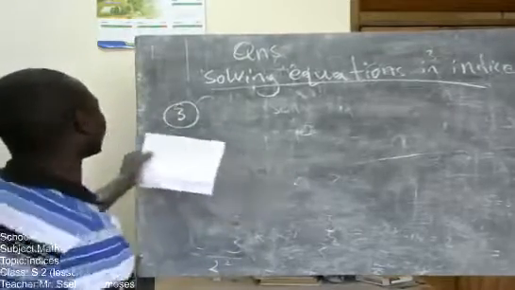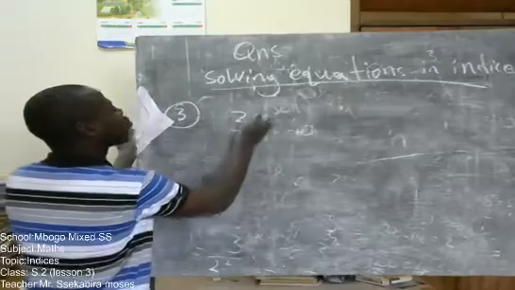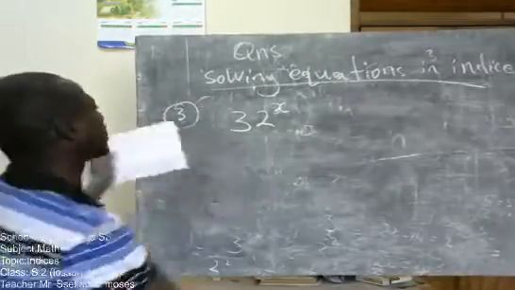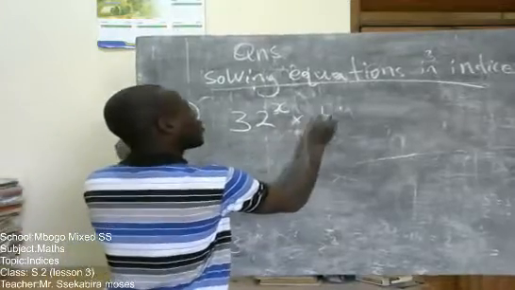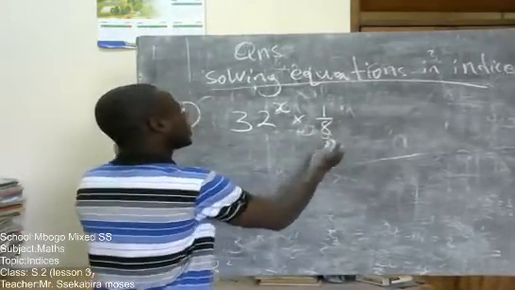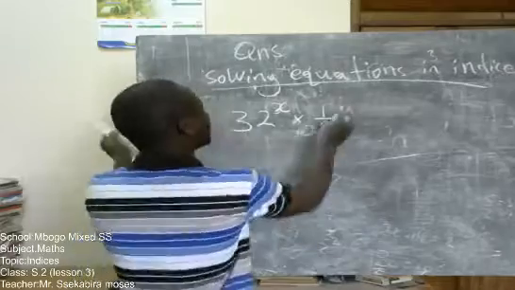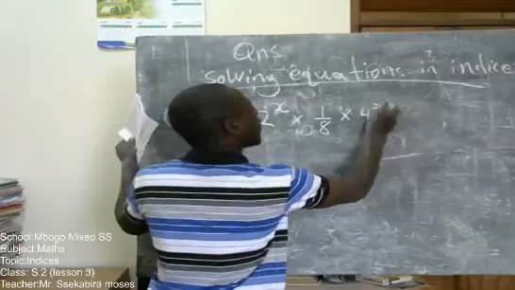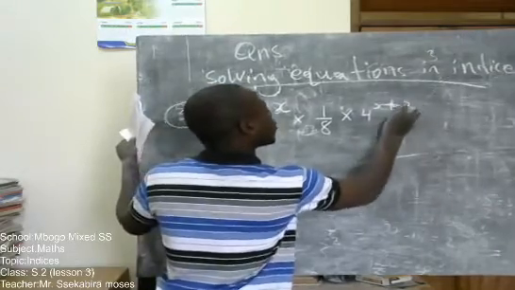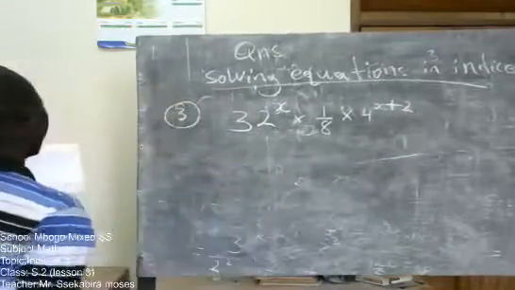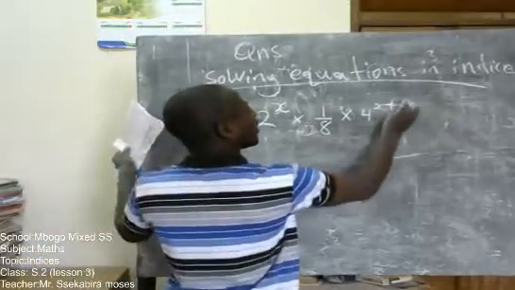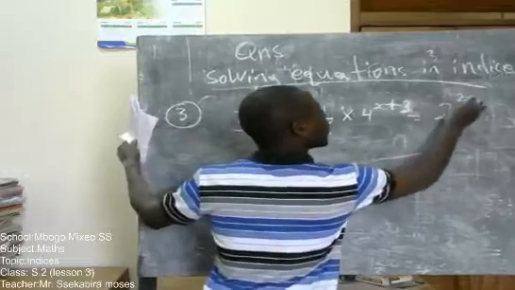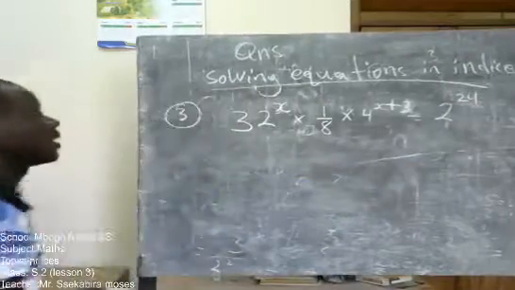Look here, question 3 for solving equations. Let us solve the equation: 32 to the power x times 1 over 8 times 4 to the power x plus 2, times 4 to the power x plus 3, is equal to 2 to the power 24.